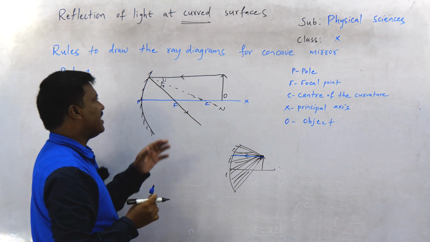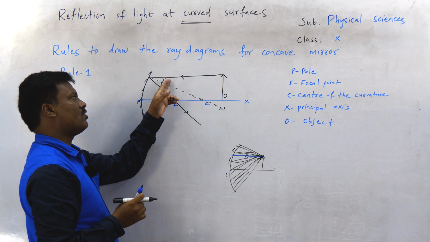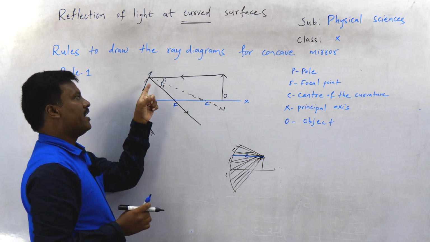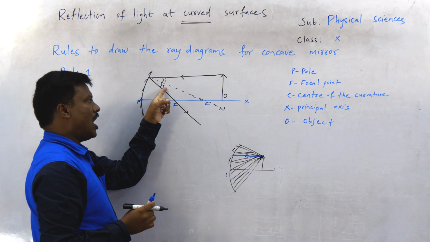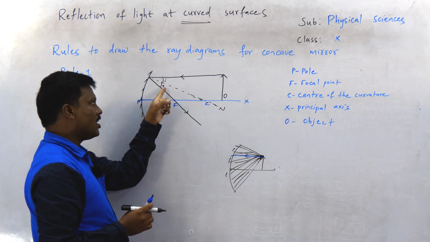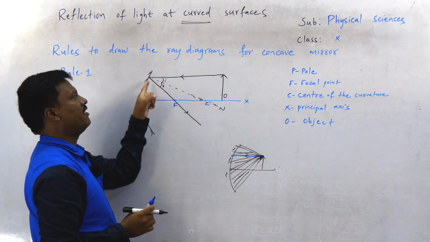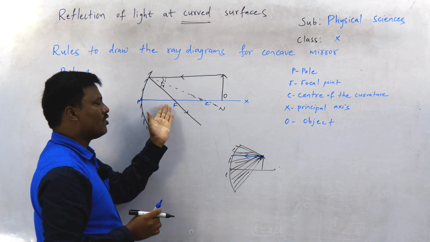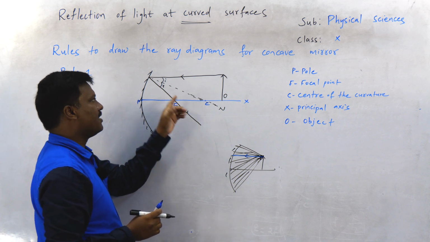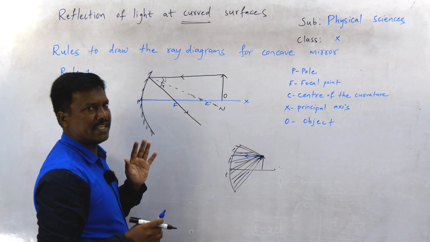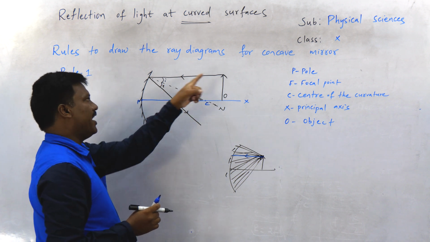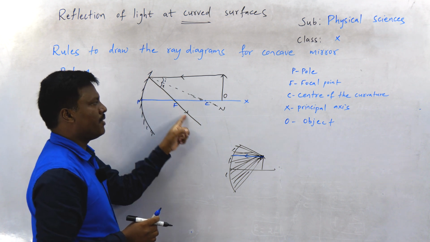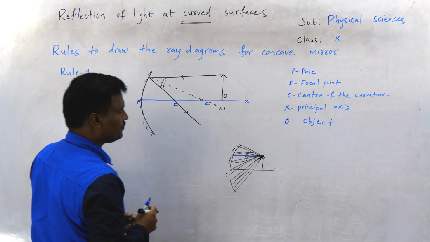Light always obeys this: angle of incidence is equal to angle of reflection, I equals R. This is possible only when the ray passes through the focus. If the ray passes through some other point, these two angles never become equal. That is why any ray passing parallel to the principal axis compulsorily passes through the focus after reflection.